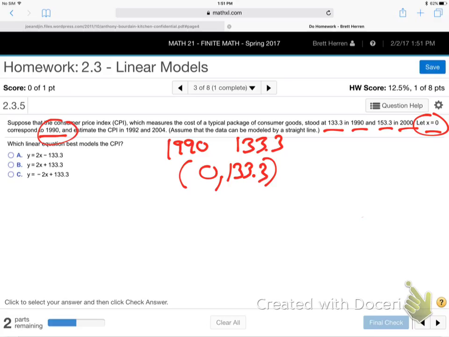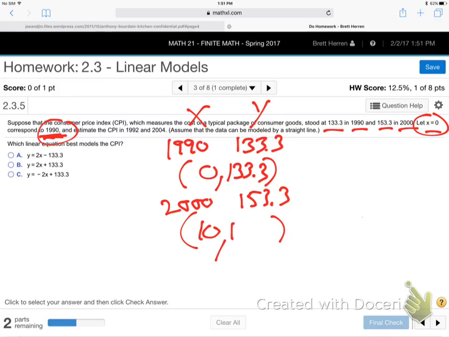That making sense? So I'm doing x, y. How do I know it goes in that order? Well, they made the x be the year, so I'm putting the x first. And then the second part, which is the year 2000, it was 153.3. So what x value is that? 10.